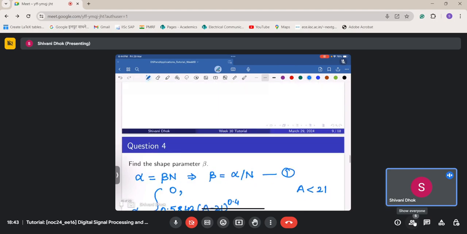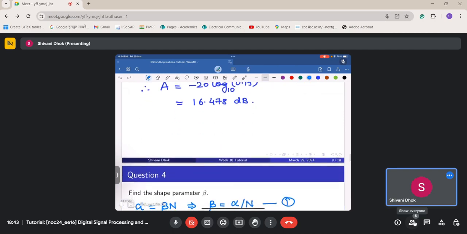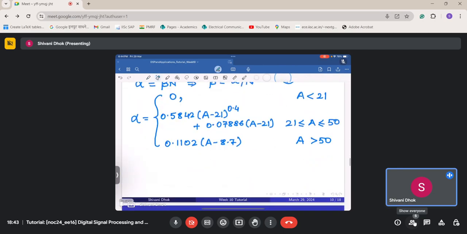And in the last question we had found out this A, so this A is 16.478, which is less than 21, which means that alpha will be equal to 0, which also means that beta, which is alpha by n, will also be equal to 0.